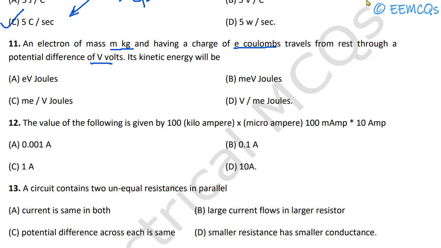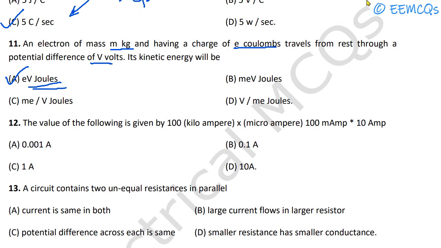But from the given data, as you know, when that electron having charge of E coulombs is going through a potential difference of V volts, the energy associated is given as electron volts, and the electron volts here is E into V electron volts. So definitely here the answer will be EV joules, which is the energy here. Okay, so option A here is the correct answer.